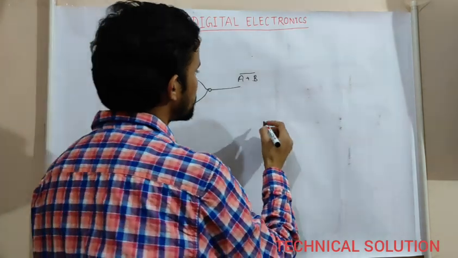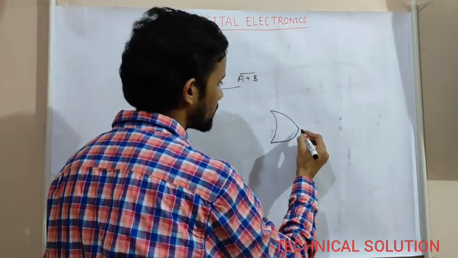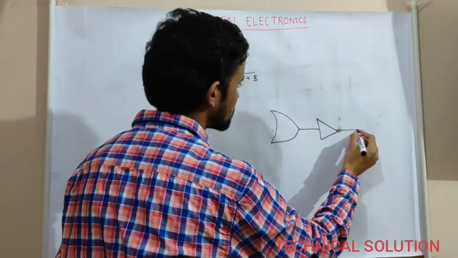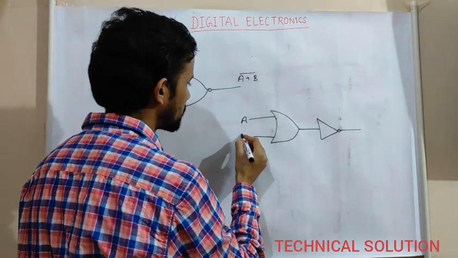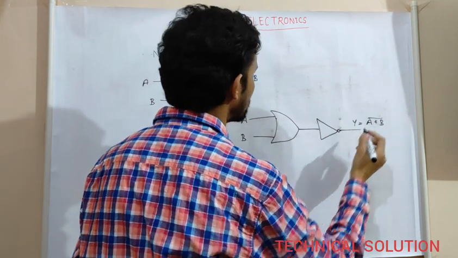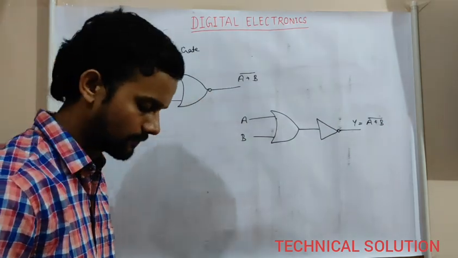This can also be given like this: this is an OR gate, and if you put an inverter here, then it will also become NOR gate. Y equal to A plus B whole bar. This inverter is replaced by this bubble.